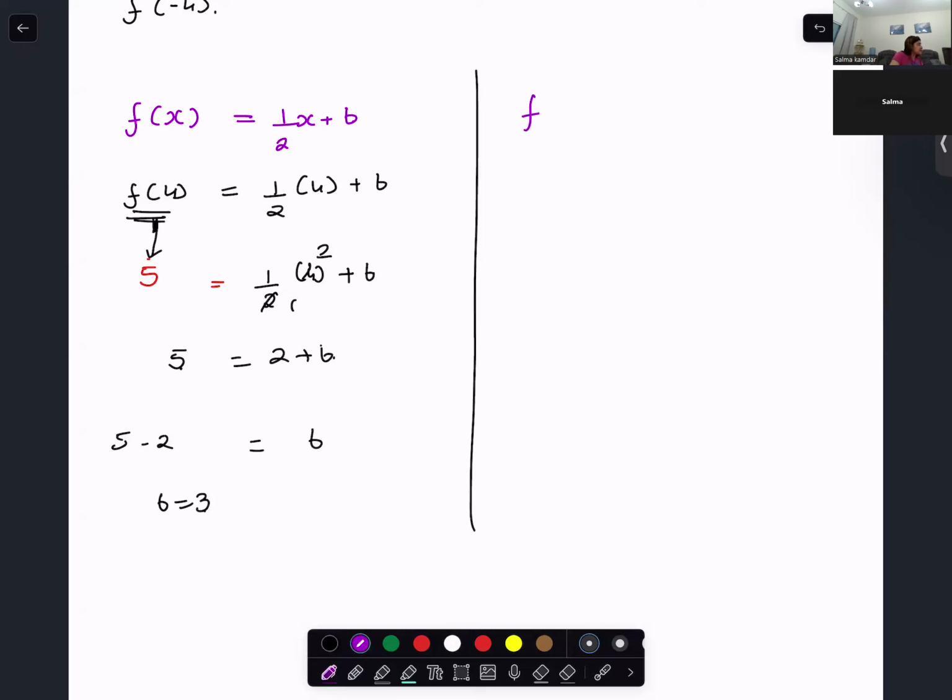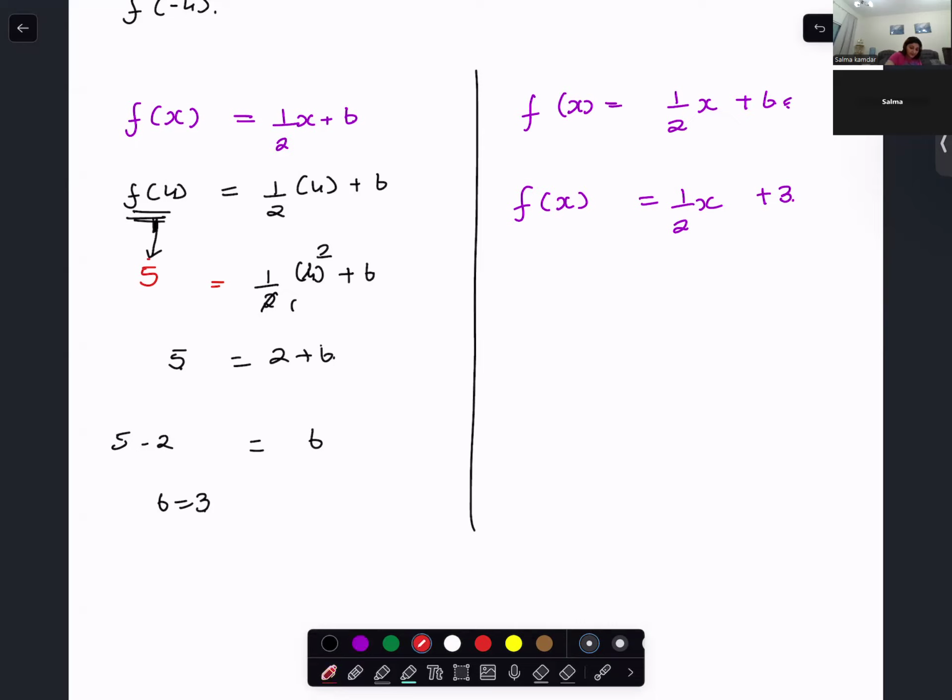So my equation is f of x is equal to half x plus b. F of x is equal to half x plus 3. So I get the equation where b is a constant.